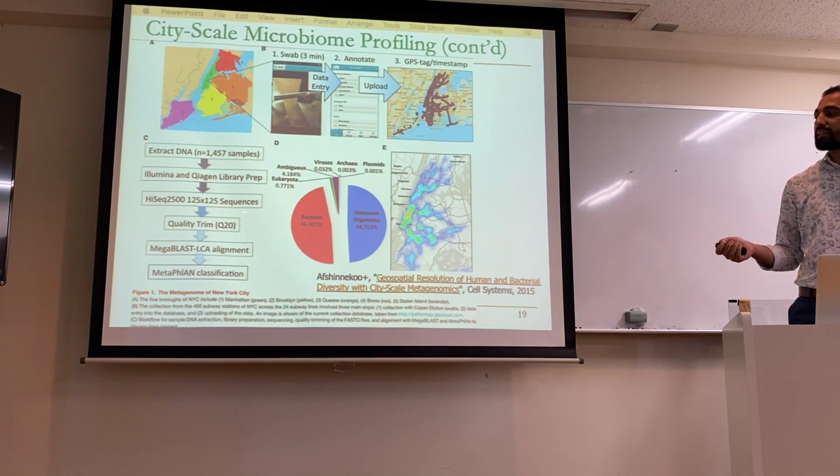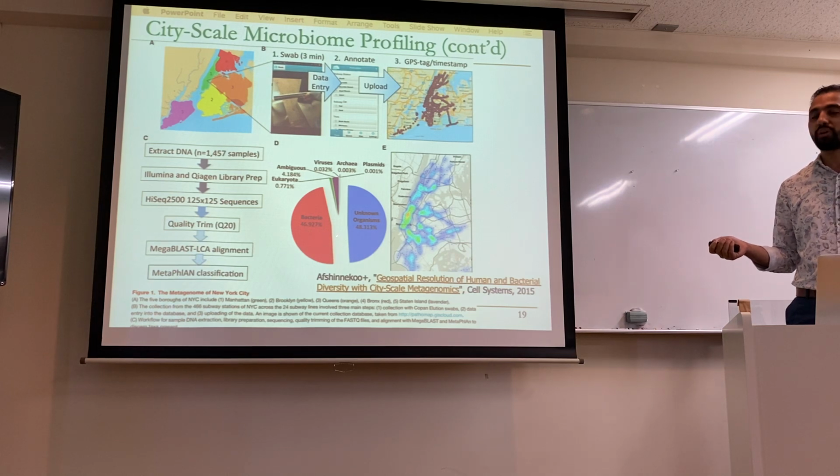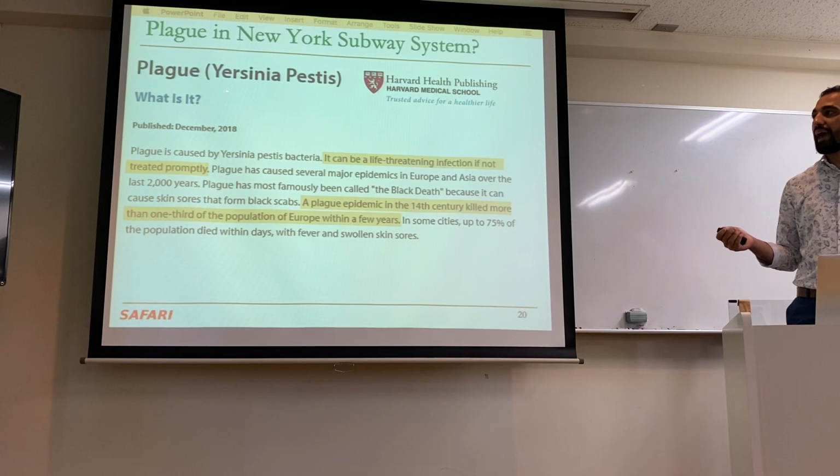By doing that, they found that around 50% of these samples had bacteria. Some of them are useful. The other 50% of these species in the samples are unknown. They didn't have any references or previously sequenced genomes that they could correlate them with. The most interesting thing here is that they found the black plague in their samples.